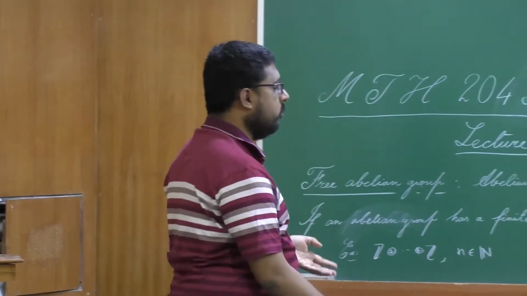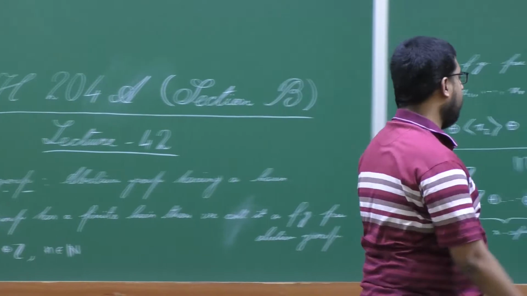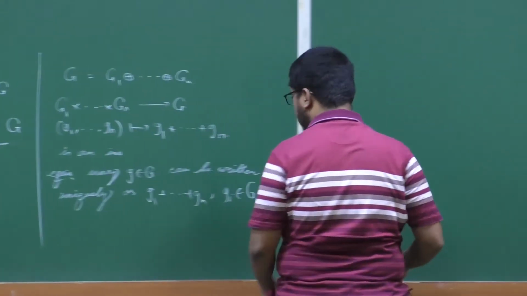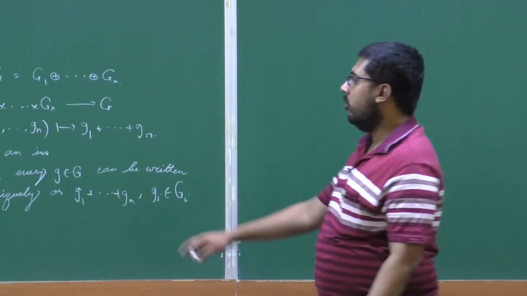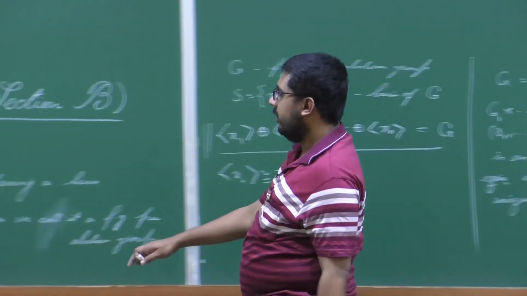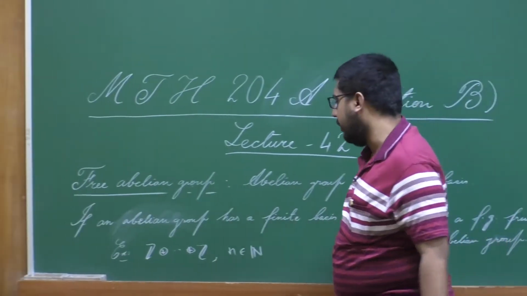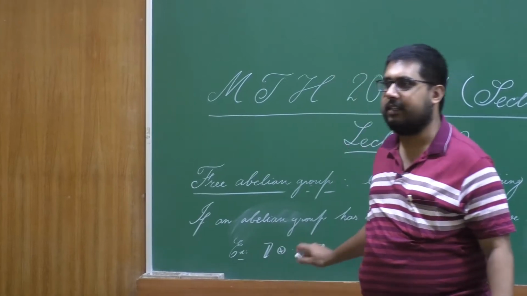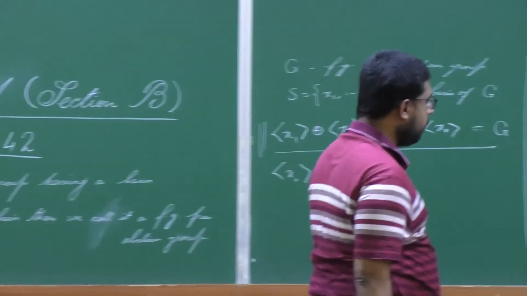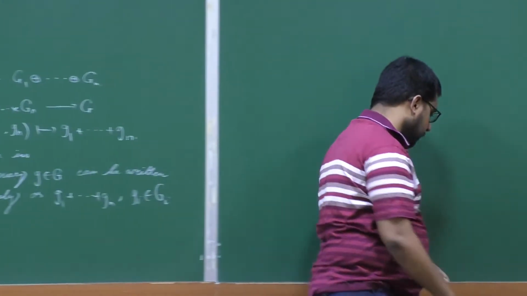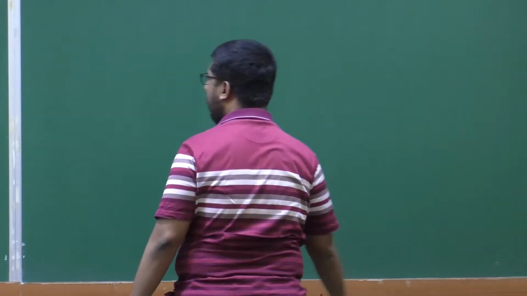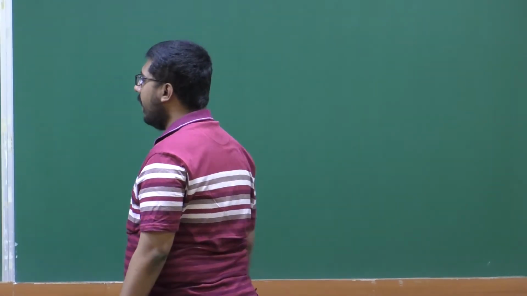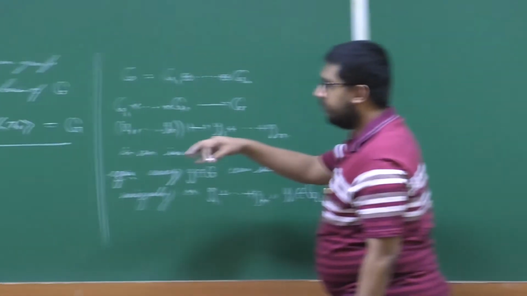That possibility has also not been ruled out yet. So we are going to rule out such things right now. This thing is clear, that all finitely generated abelian groups are obtained in this way up to isomorphism.